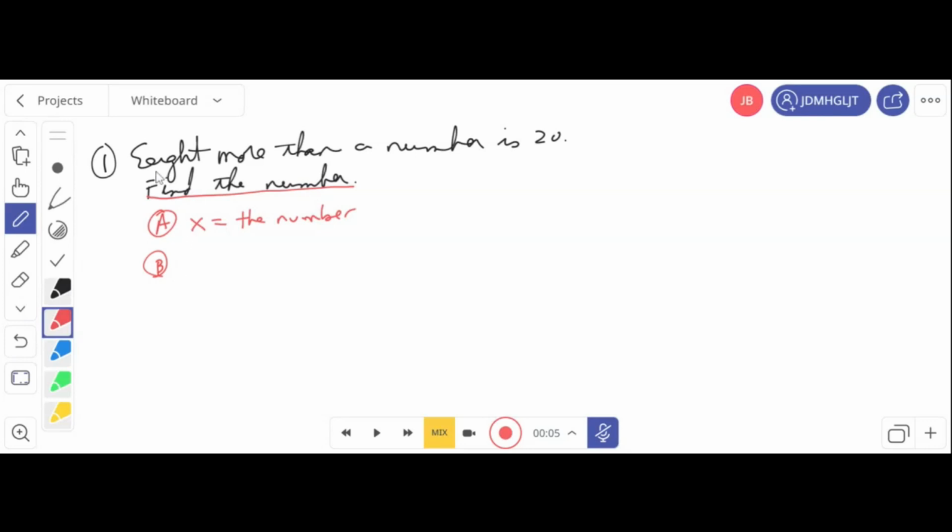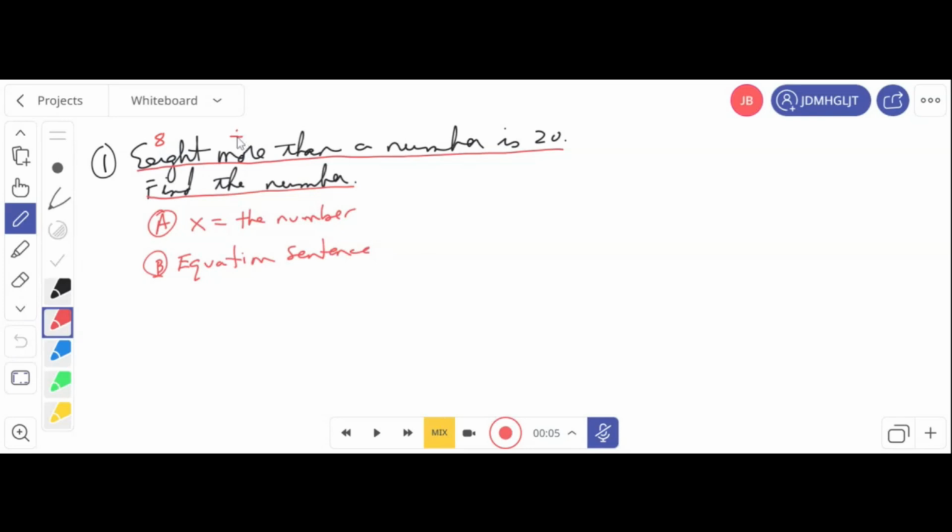The next thing we do is we look at the sentence that gives us the equation. I call it the equation sentence. Probably 95% of the time, there is a sentence that just needs to be translated into algebra. And so 8 is the number 8.